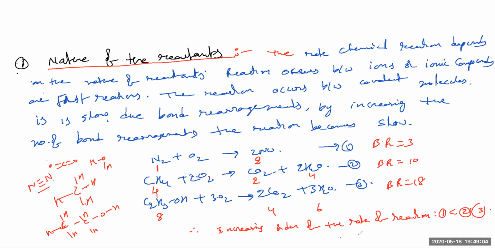Since BR is inversely proportional to rate of reaction, oh, I'm sorry, that is wrong. BR is inversely, so the lowest rate is the third: 3 is less than 2, is less than 1. Got my point?